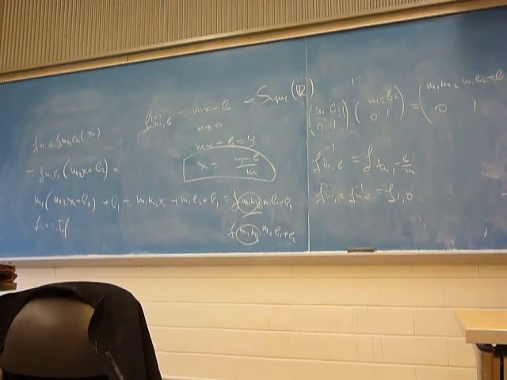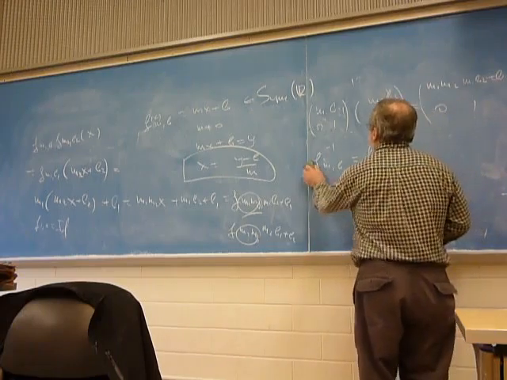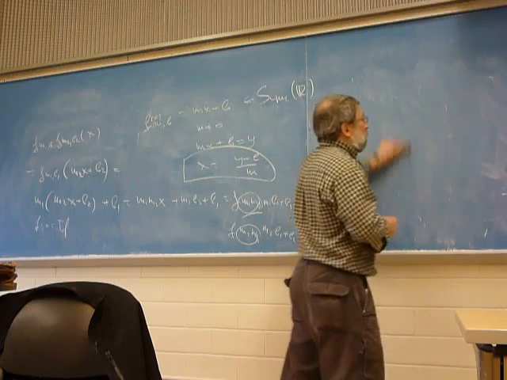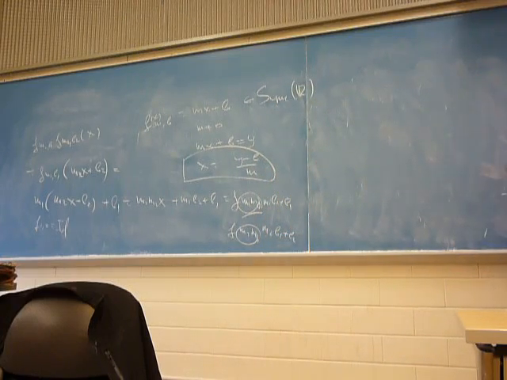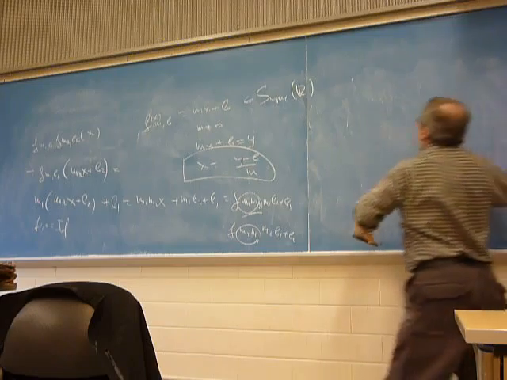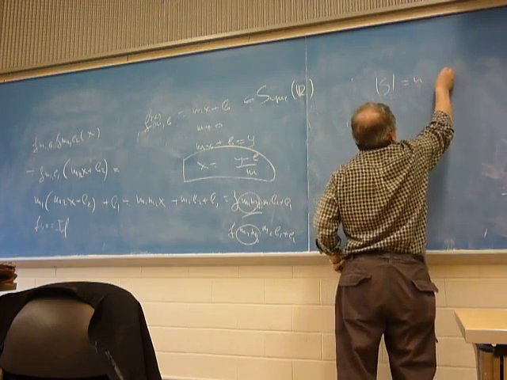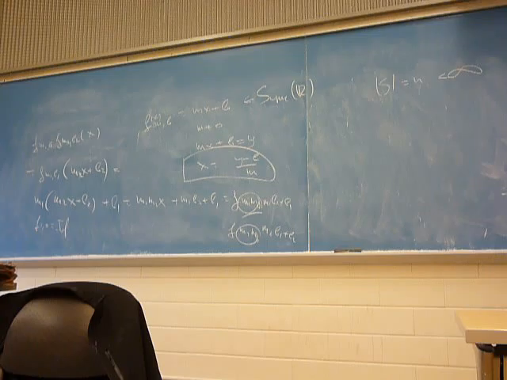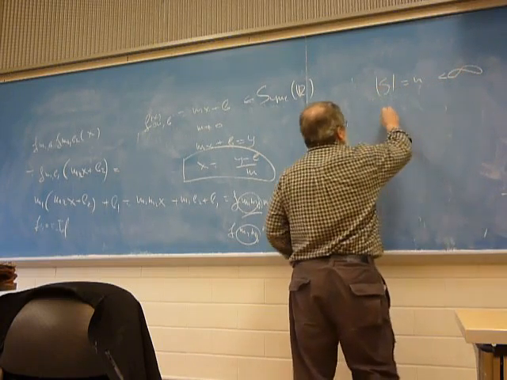Let's start with finite S. We have a set S, which is finite, with an operation on S which is associative, and with two properties.